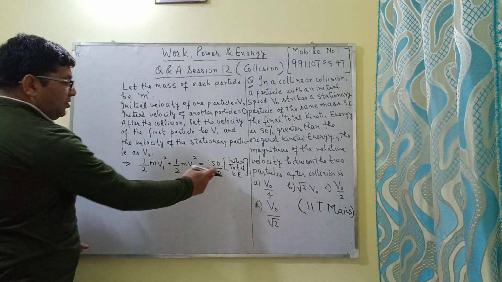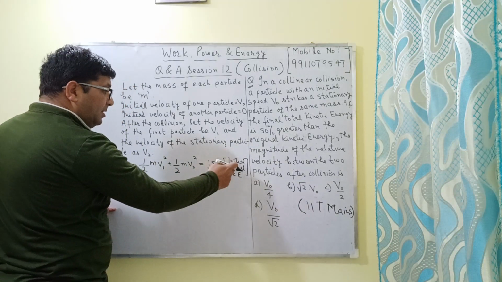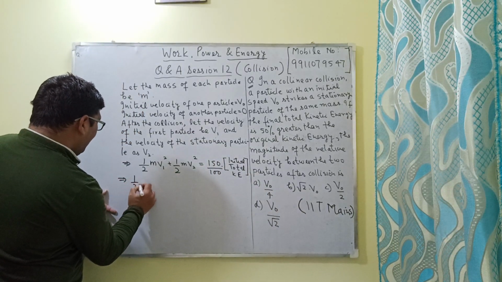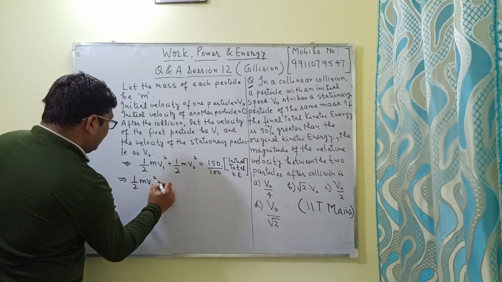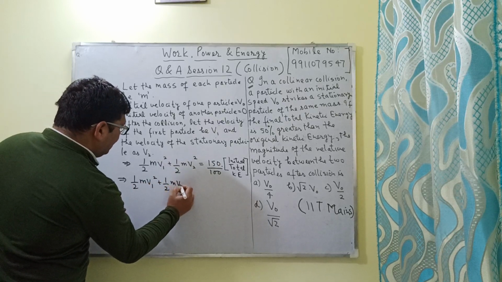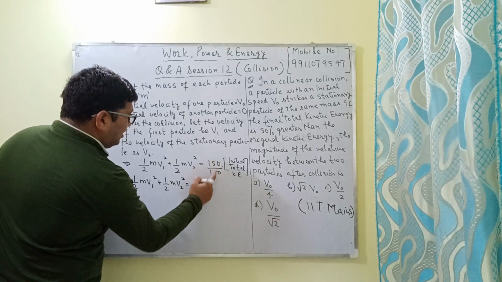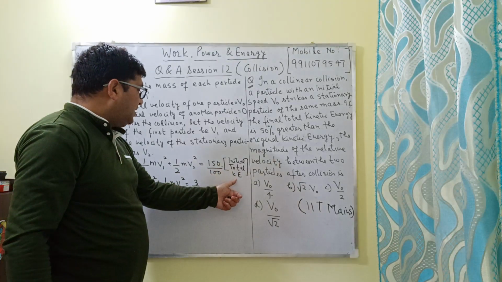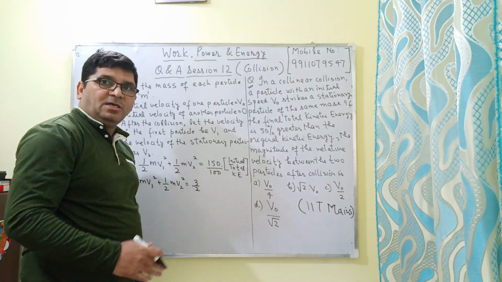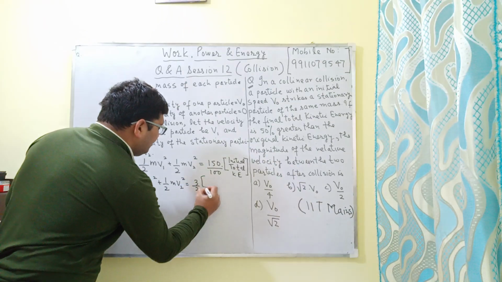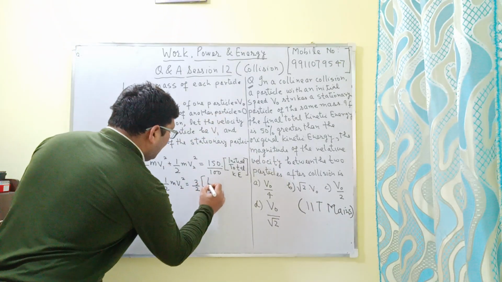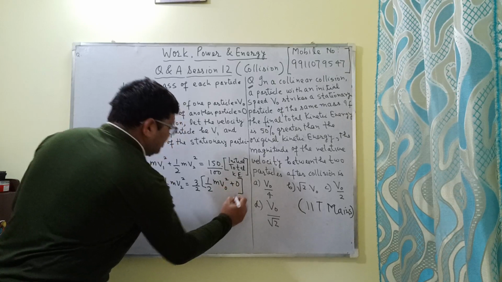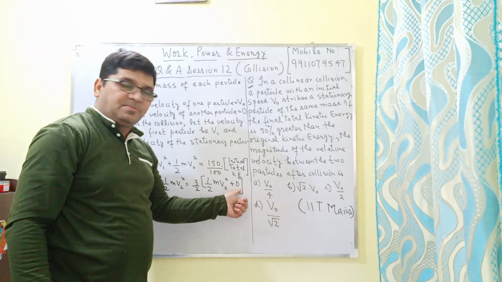So now the final kinetic energy we can simply write as half m v1 square plus half m v2 square. This is equal to 3 by 2 times the total initial kinetic energy, that is the kinetic energy before the collision. What is this equal to? This will be equal to half m v naught square plus 0. 0 is the kinetic energy of the stationary particle.